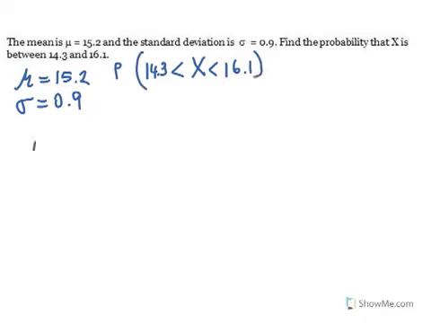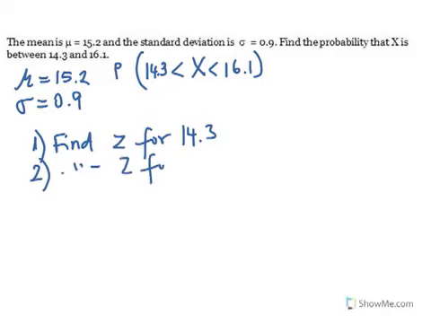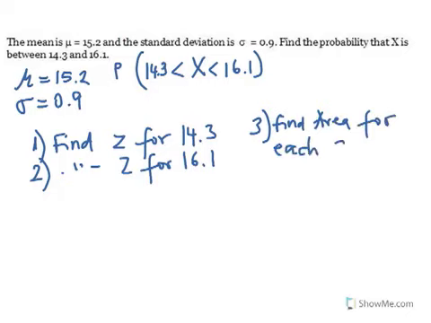So the first step is to find the z for 14.3. Second step is find the z for x 16.1. Then step 3 is find the area for each z value that we got in step 1 and 2.